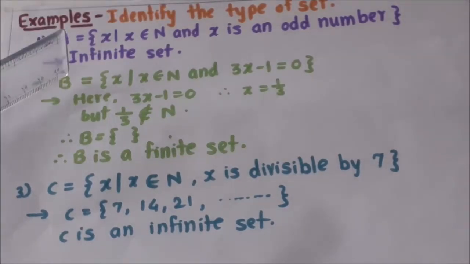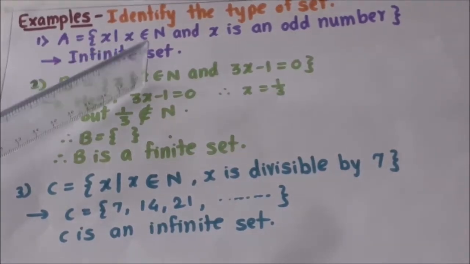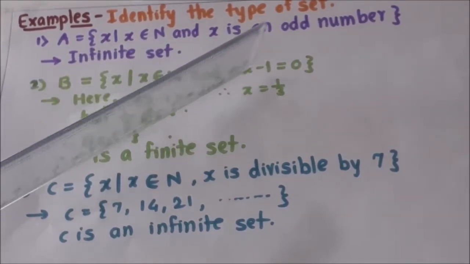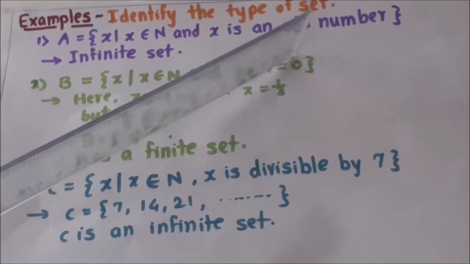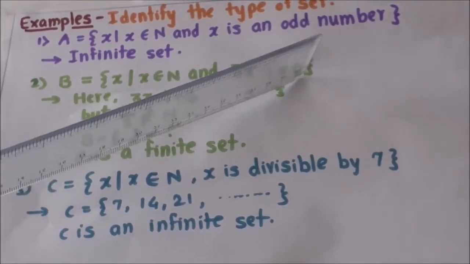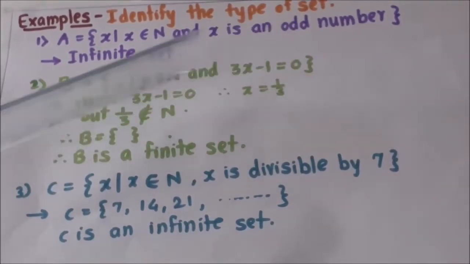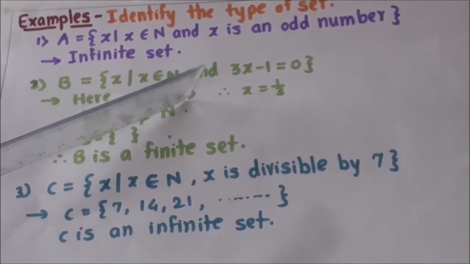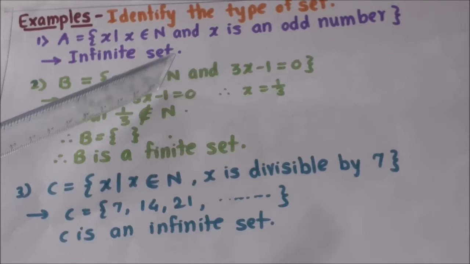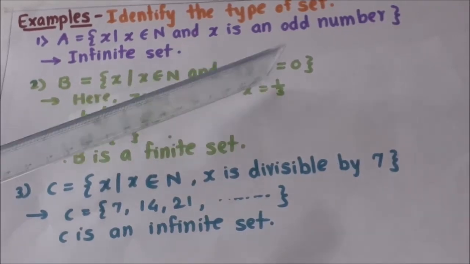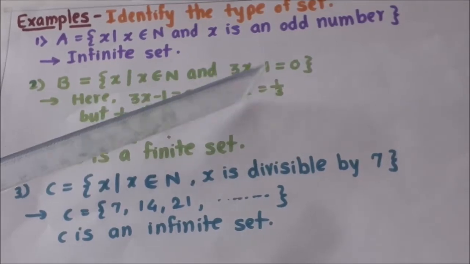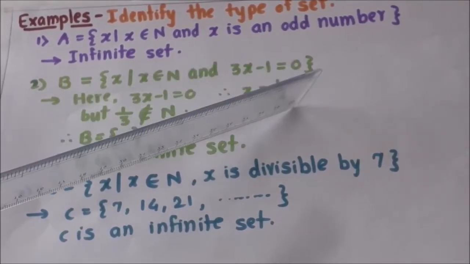Second example, B is equal to x, where x belongs to N and 3x minus 1 is equal to 0. Now one equation is given, so first of all solve this equation: 3x minus 1 is equal to 0. If we move the 1 to this side, it will be plus, and then divide by 3. So the value of x will be 1 upon 3.